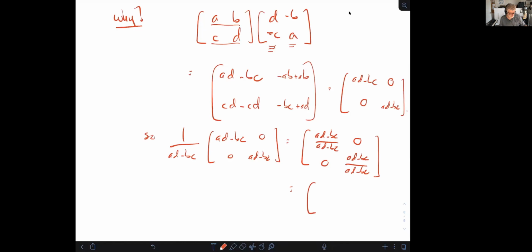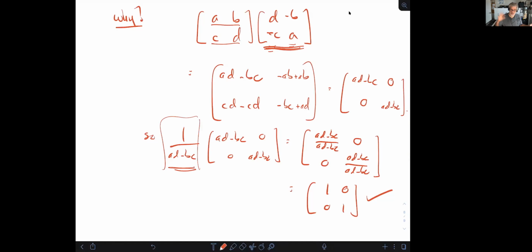So what is that? 1, 0, 0, 1, which is exactly what I want. So it means that if I want to multiply the matrix ABCD by something that gives me the identity, it's what I wrote down: that matrix times this coefficient. I did this on slides. I don't remember if it was the lecture that I did live or the last one this Monday. I'm not sure which one.